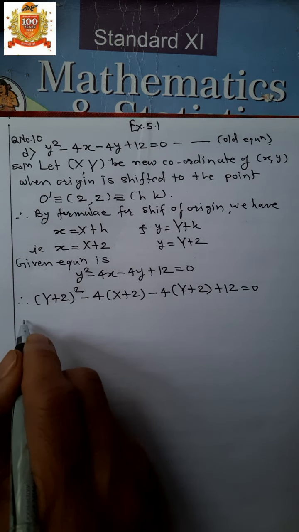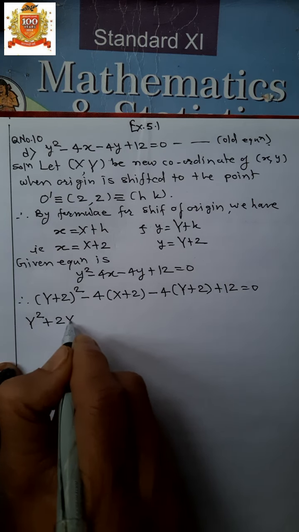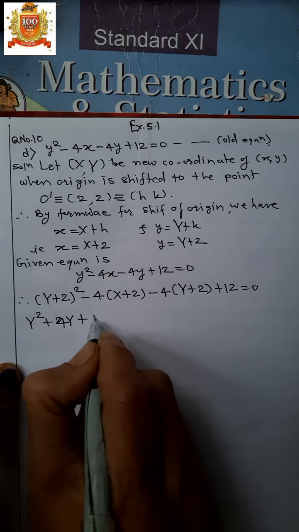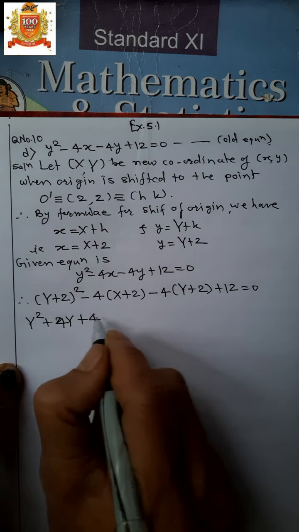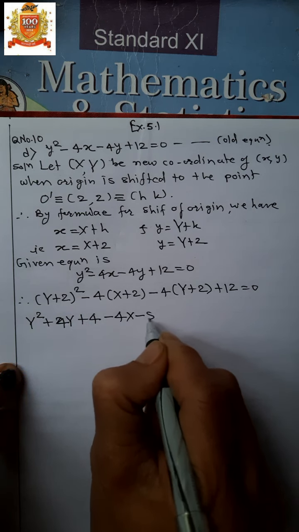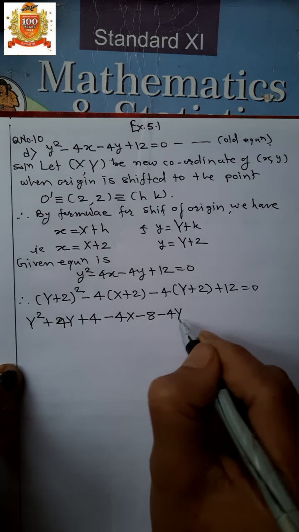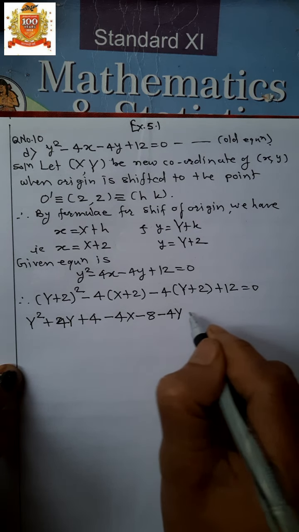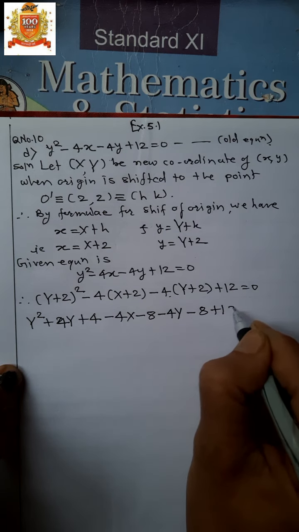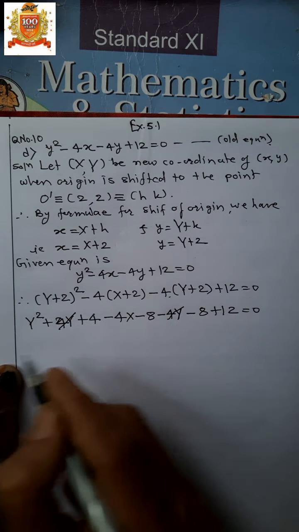That is, capital Y square plus 2 into 2 into capital Y plus 4, square of this, minus 4X minus 8 minus 4Y minus 8 plus 12 is equal to 0. Plus 4Y minus 4Y get cancelled.